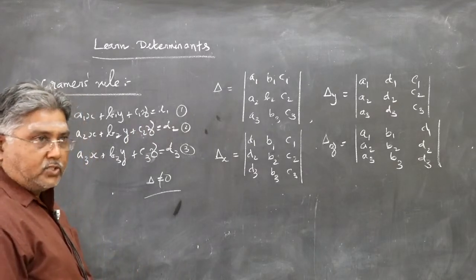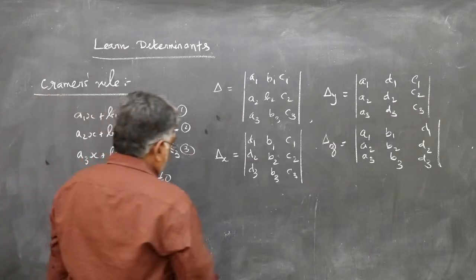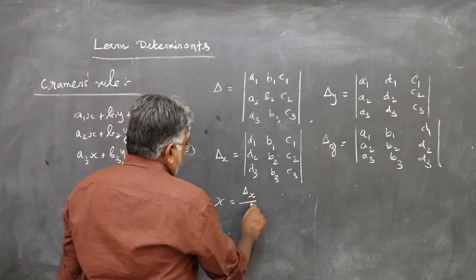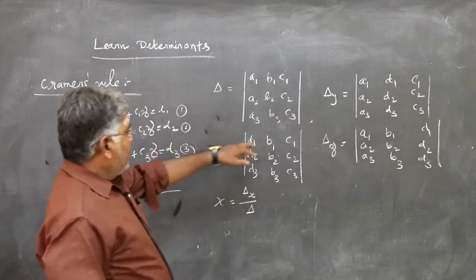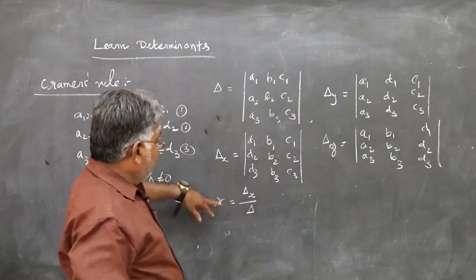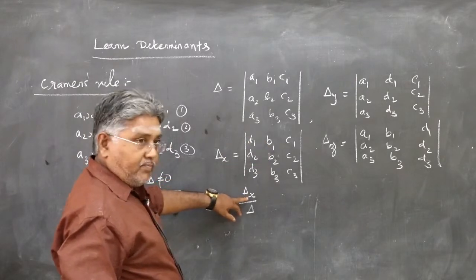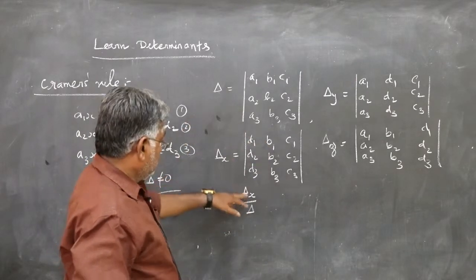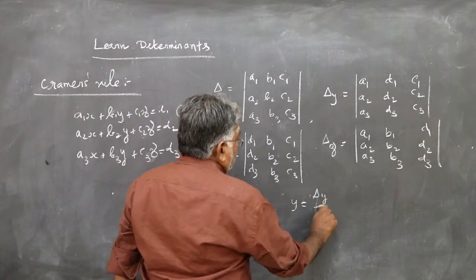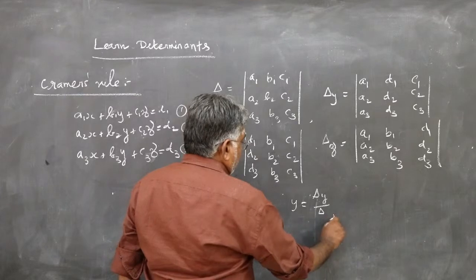We assume delta is not 0. Then x is equal to delta sub x by delta. You know the value of delta x. You have to evaluate the determinant. You know the value of delta. Simply divide, you get x. Similarly, y will be delta sub y by delta.